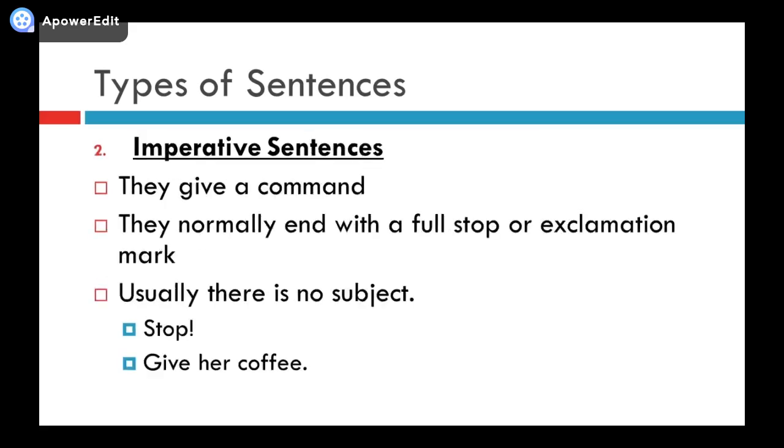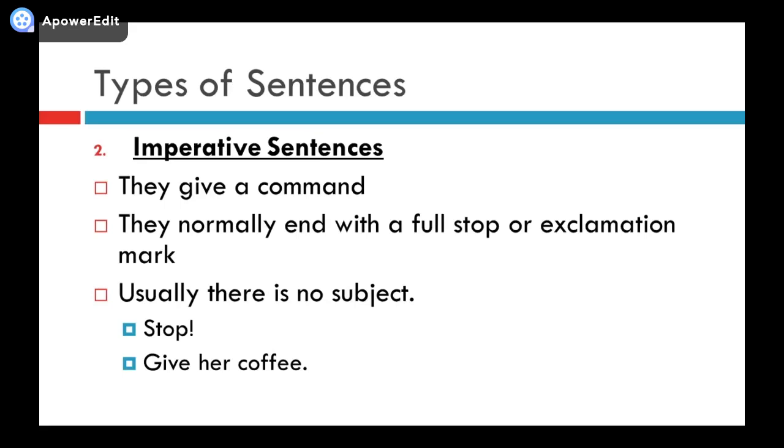Next one is imperative sentences. Imperative sentences means what? They give you a command, authority, right? They will tell you, don't do this or do that. Some extreme information or some extreme command is being given, right? Compulsion is there in those sentences. They normally end with a full stop or exclamation mark.